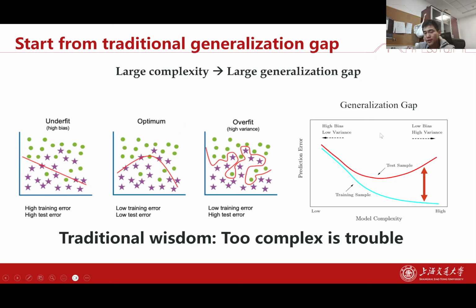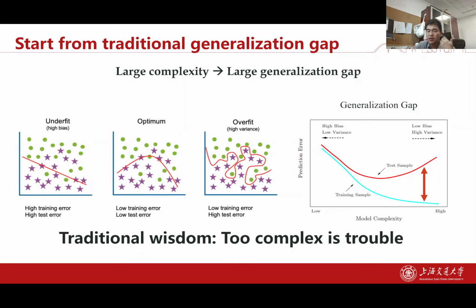So traditional theory tells us this: if you increase the model complexity, the error on training samples will decrease. But after some point, the error on test data points will increase, and you will have this generalization gap. So a very simple tip from traditional learning theory is: do not make your model too complex.